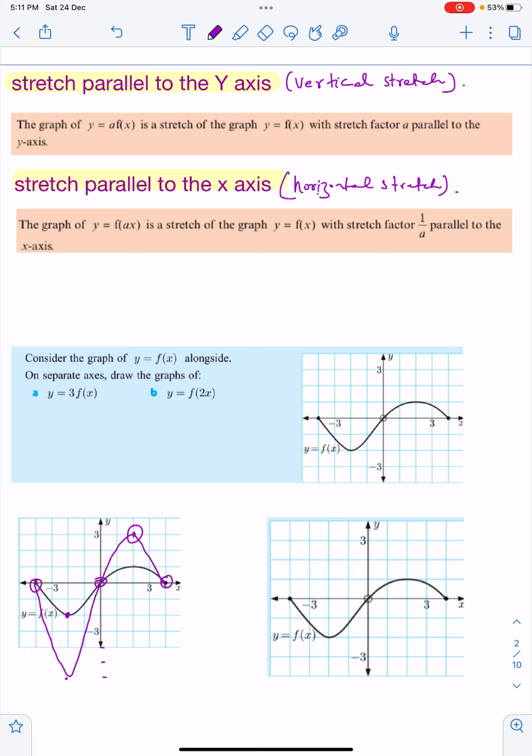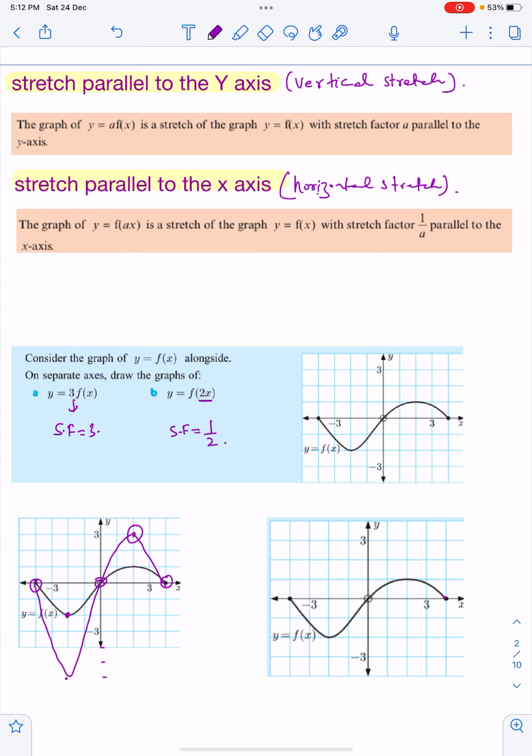The reason is that in the previous case the stretch factor was 3, but in case of a horizontal stretch, you take the reciprocal of the constant, and the stretch factor is going to be the reciprocal of this number, which is half in this case. That means every single x coordinate will be multiplied by half, and then you have to plot it.